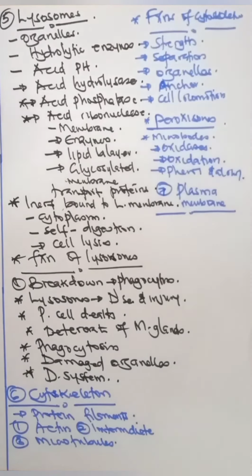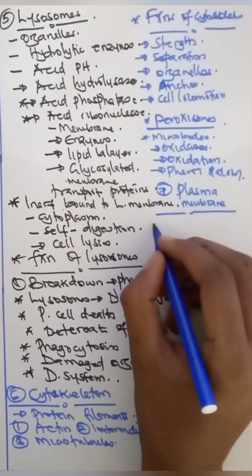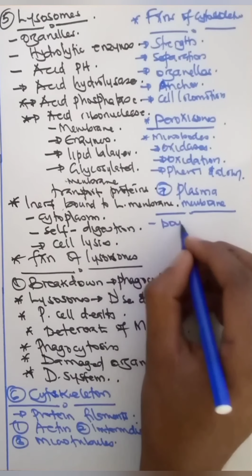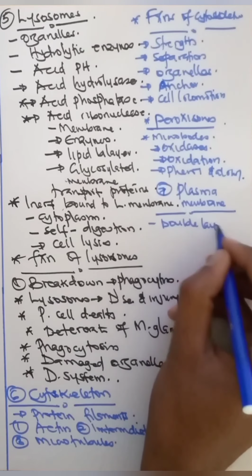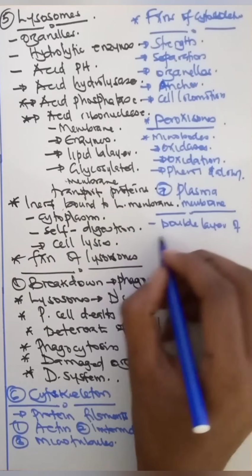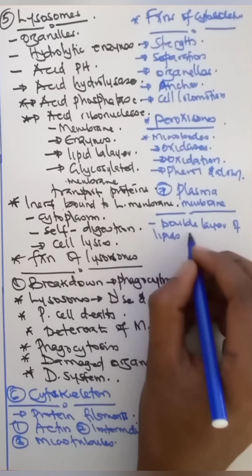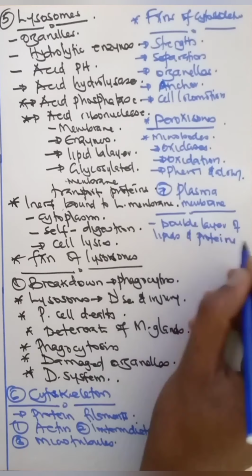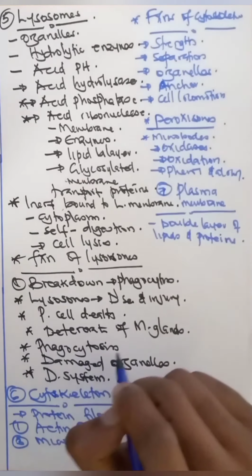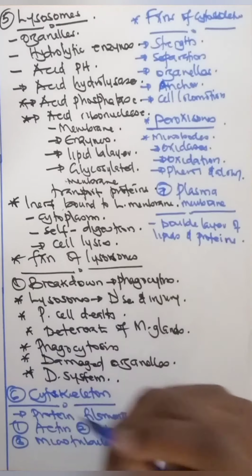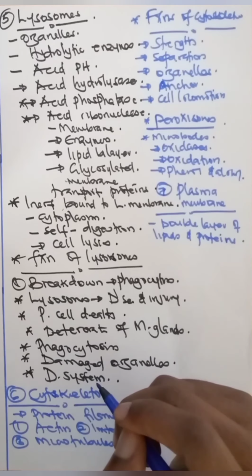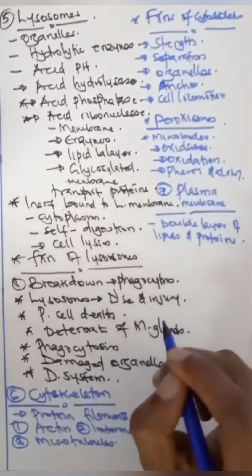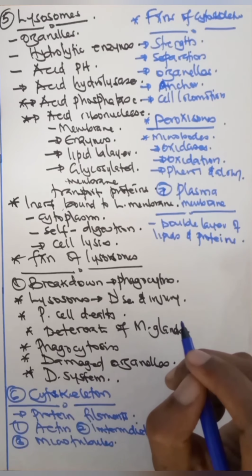One thing we need to appreciate about the plasma membrane is that it's a double layer of lipids and proteins that surrounds a cell and separates the cytoplasm from its surrounding environment.